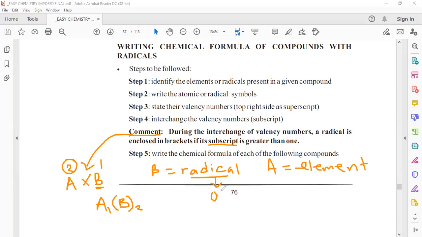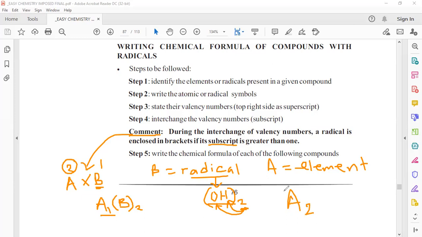For example, OH, hydroxide, involves 2 elements: oxygen and hydrogen. So if a number greater than 1 is going to be a subscript for this, you have to put it in brackets and then put the 2 to show that the number is affecting both oxygen and hydrogen. But if it's an element, where I say A2, there is no problem.